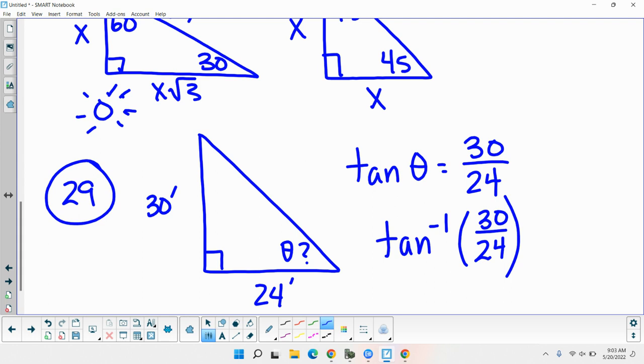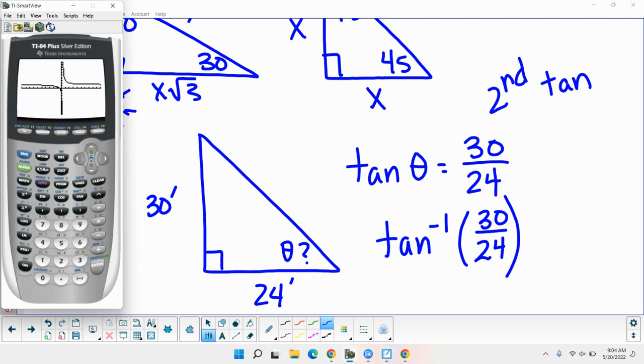No, you hit second tangent. So you're going to hit second tangent, and then it'll show in your calculator tangent with that -1 symbol.